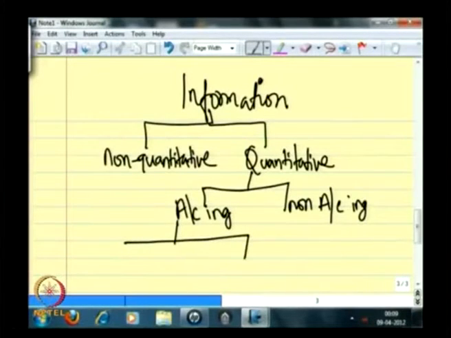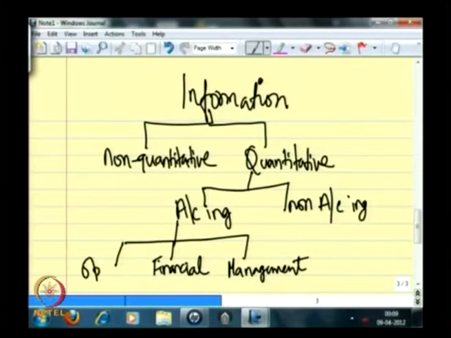Now, what type of information would they be? Again, last class I was mentioning that there are two types of accounting: the financial accounting, the management accounting. The third accounting related quantitative information is the operational information.